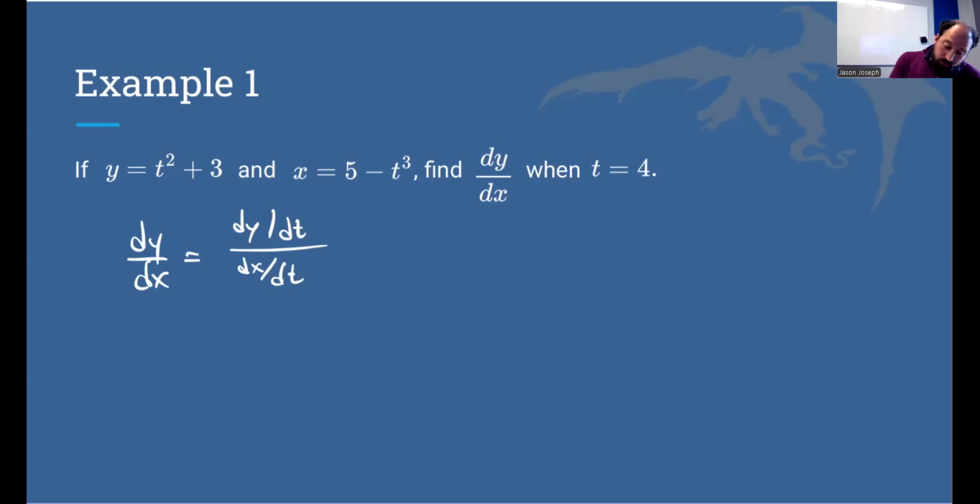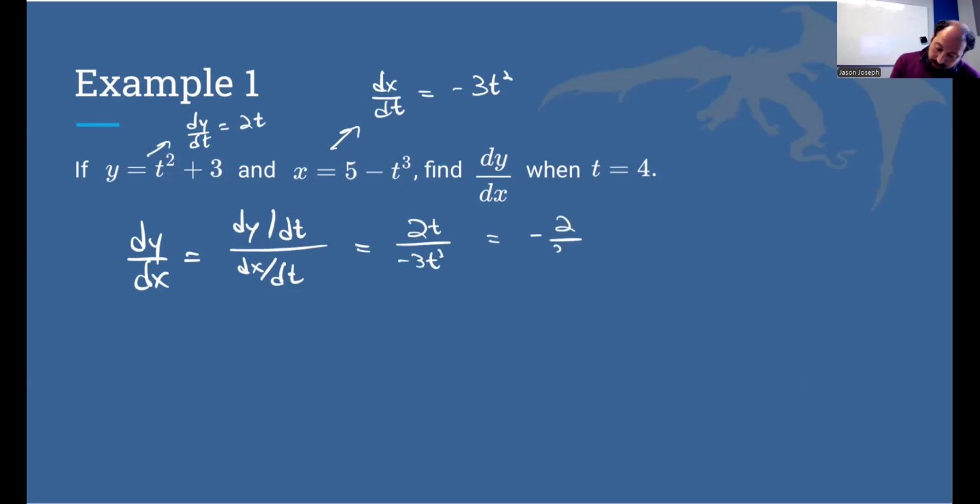This one isn't so bad. dx dt is negative 3t squared, and dy dt is 2 times t. So we just have to divide 2t over negative 3t squared, and that's negative 2 over 3t. So that's dy dx for any value of t.